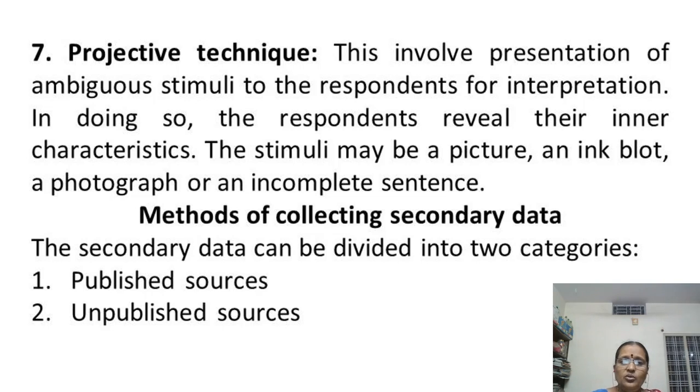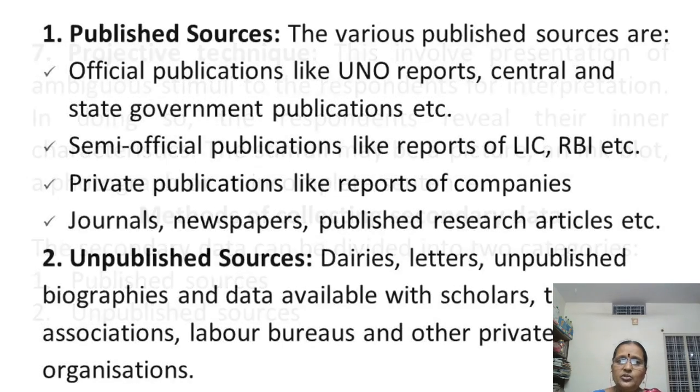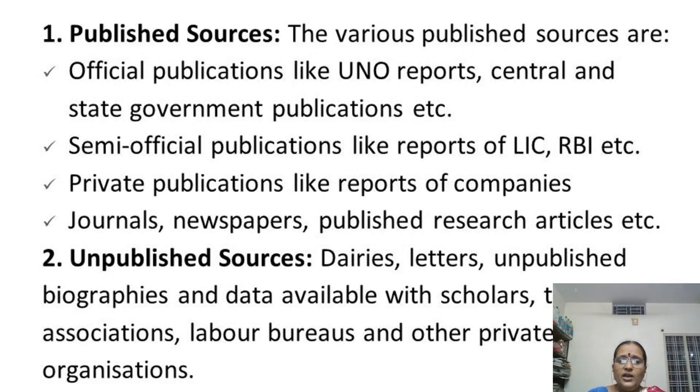So let us know what are the methods of collecting the secondary data. Mainly there are two methods for collecting the secondary data, that are, the first one is the published sources and the second one is the unpublished sources. So the various published sources are like this.